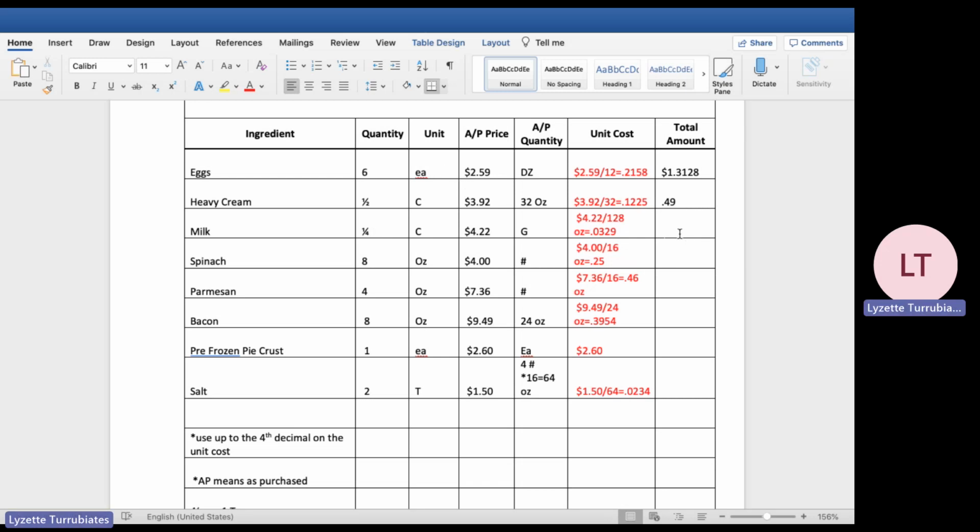And so our answer is going to be 0.0658. Okay, for spinach, again, we broke this down to the ounce. Here we don't have to do any converting because we're looking for ounces. So we're going to take 0.25, which is our unit cost, which is by the ounce, and we're going to multiply that by 8. So that's going to give us $2.